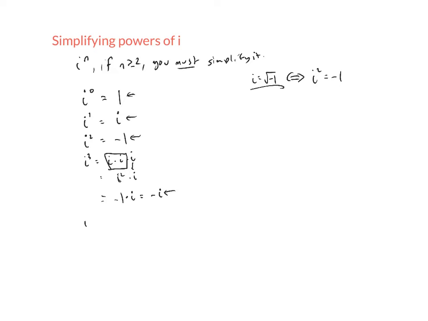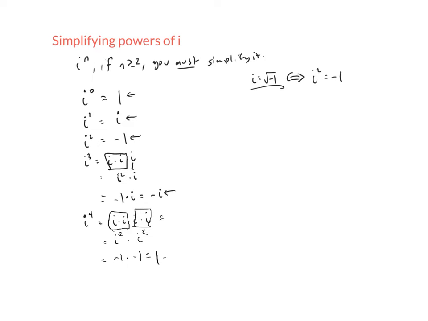Now, when I hit i to the fourth, something interesting happens. I'm going to write i to the fourth as i times i times i times i. If I regroup these first two terms together and these second two terms together, that gives me i squared times i squared. And i squared was -1, and i squared was also -1. So when you multiply those together, you get 1.